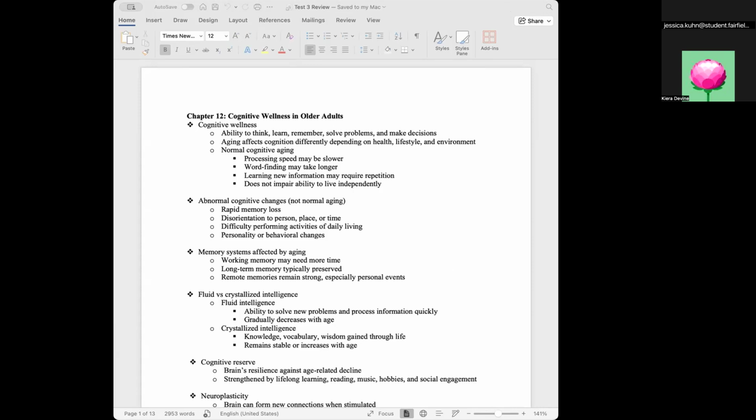What's considered normal cognitive signs of aging are processing speed may be a little slower, word finding might take longer, and learning new information might require a little more repetition. But this should not impair the ability to live independently.